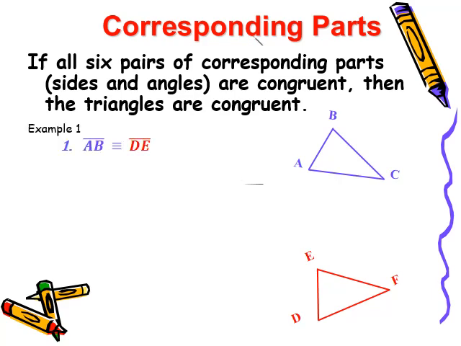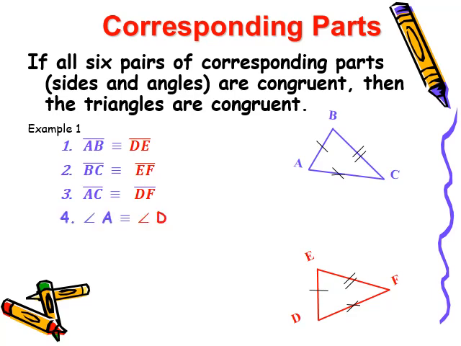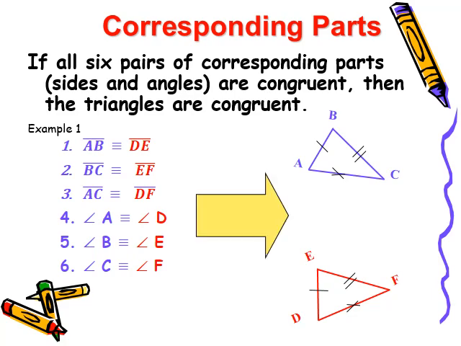For example, AB congruent to ED, and BC congruent to EF, and AC congruent to DF in the opposite figure, and angle A congruent to angle D, and angle B congruent to angle E. Last, angle C is congruent to angle F.